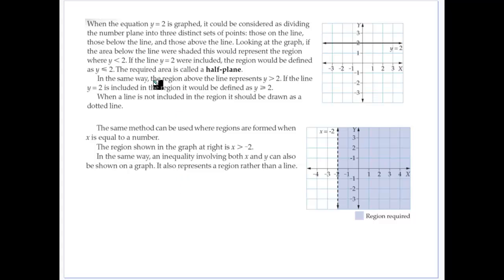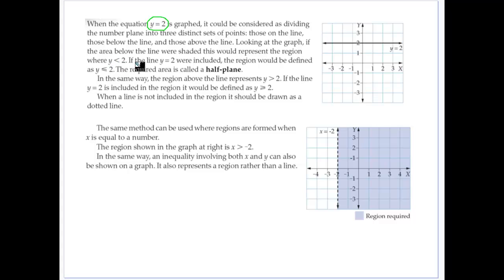Now, like we did with solving inequalities, we end up with an inequality, and to start off with, we're going to start with simple ones, like y is less than 2, but we've got to see that it's related to the line y is equal to 2. So the process of graphing an inequality is to look at the equation or inequality we've got and the relationship that we've got.